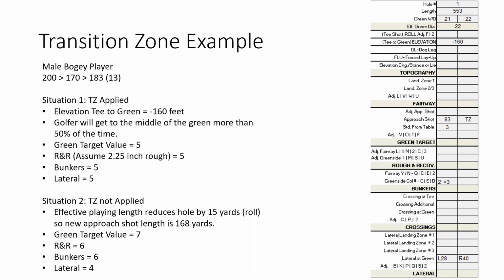We're saying that because it's 160 feet downhill and where the ball hits the ground is significant, we're going to gain 15 yards from that. So the ball's going to roll 15 yards further than normal. So now all of a sudden that 183 turns to 168. And now at 168, we don't have a transition. And so that will take us out of transition completely.